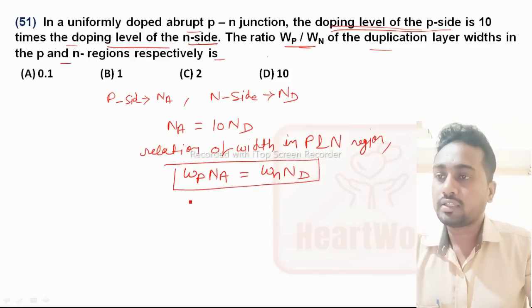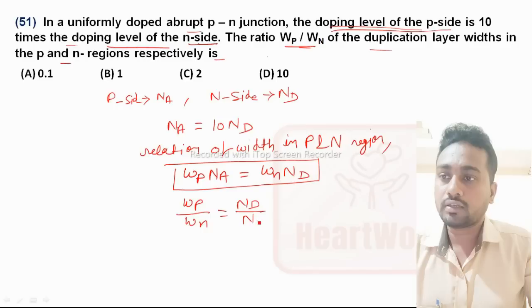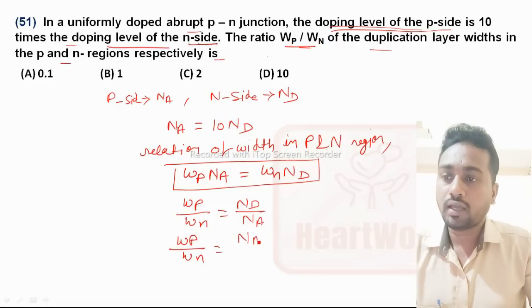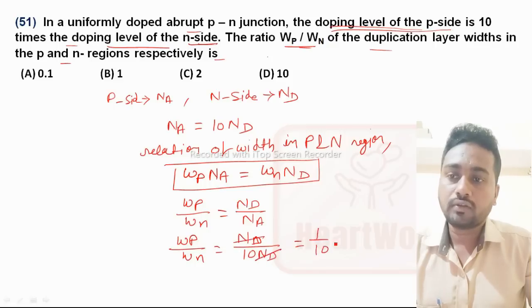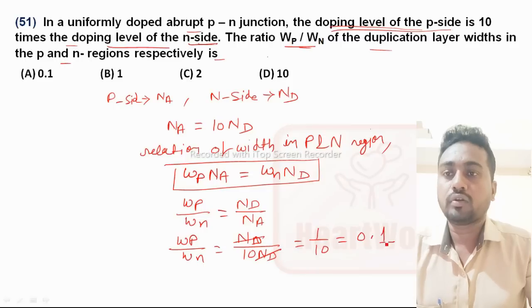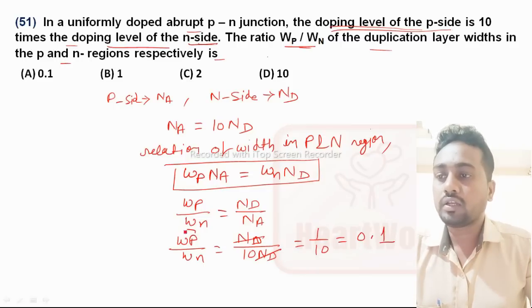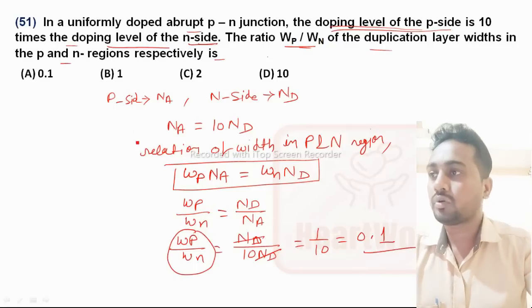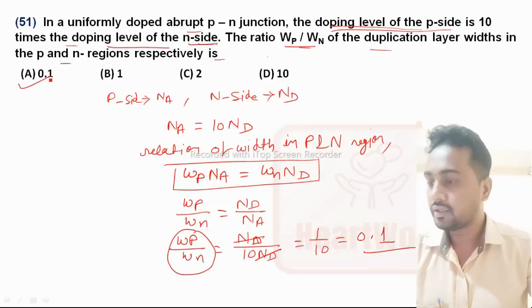We can modify this and write Wp by Wn equal to Nd by Na. Na is 10 Nd, so Nd cancels, and we get 1 by 10, that is 0.1. So option A is the right answer.